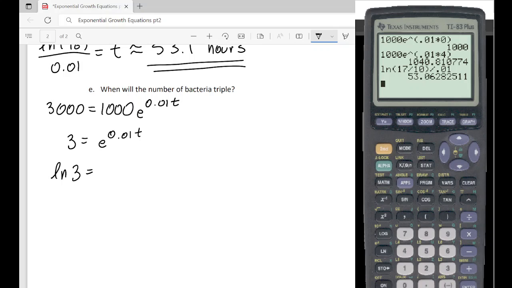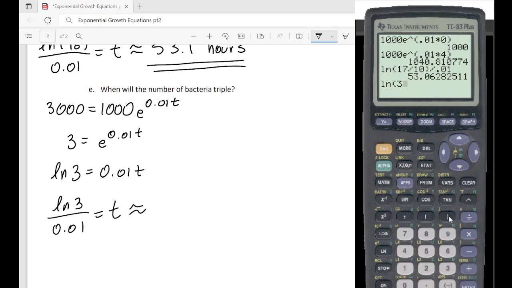ln 3 = 0.01t. And again, ln e just goes away. Divide both sides by 0.01. So ln 3 divided by 0.01 is how long it'll take for it to triple. Which again, I want to know a number, not this weird looking thing. So I'm going to plug it in here.